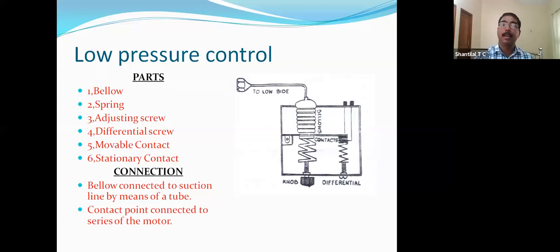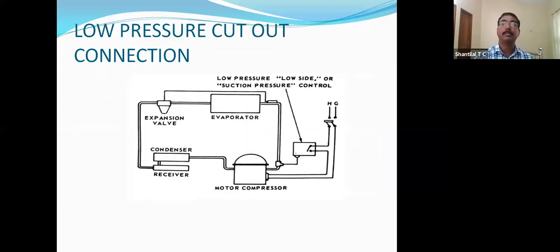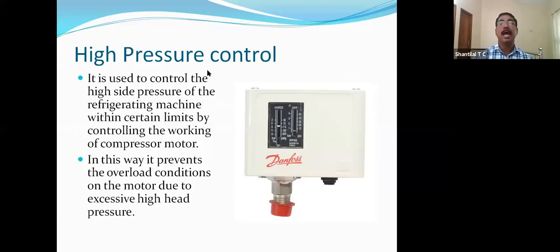Next we can go to high side controlling. That is known as a high pressure cutout or high pressure control device. The function of high pressure cutout is to stop the motor when discharge pressure increases above the limit. For example, 200 psi is our discharge pressure standard.